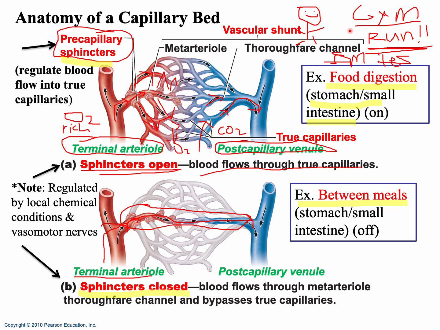In contrast, we go down here now, and again, the sphincters are closed. You only have a little bit of blood flow going through that vascular shunt from a terminal arteriole to a postcapillary venule. So in regards to blood flow going through skeletal muscles, you're probably done running.